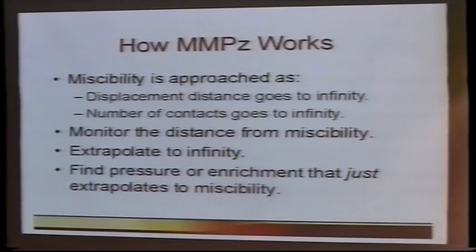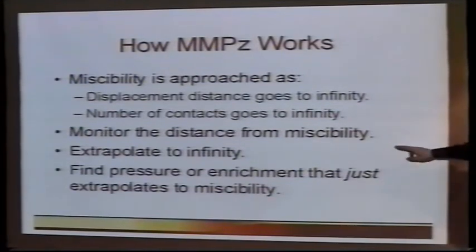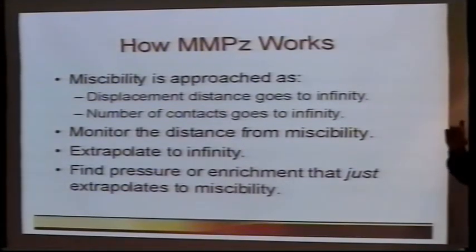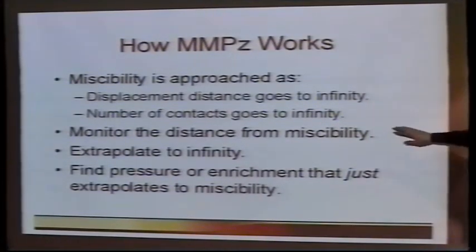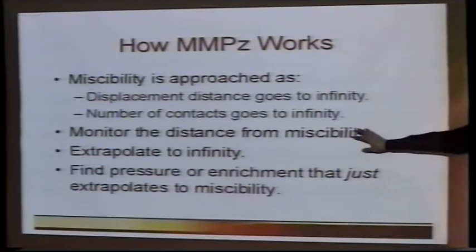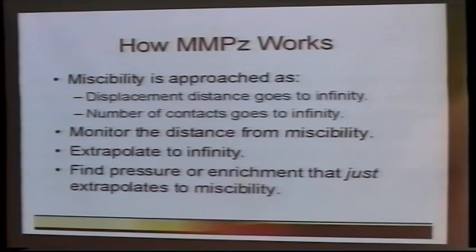And if we can extrapolate that distance from miscibility out to an infinite number of contacts, then we can see whether we actually reach miscibility or not. If that distance goes to 0, we're miscible. If it stays finite, we're immiscible. And then the program adjusts the pressure or the enrichment level until this extrapolation just hits a 0 distance from miscibility, and that would be your minimum miscibility condition.